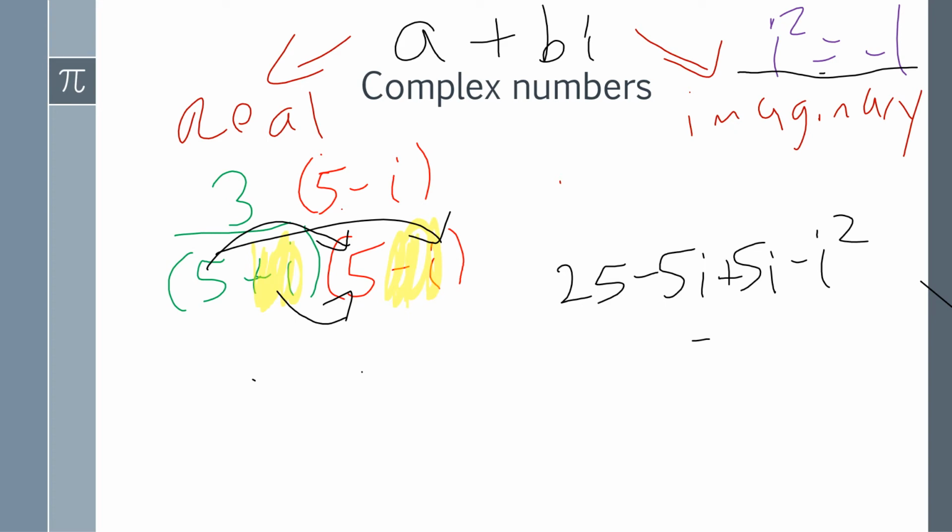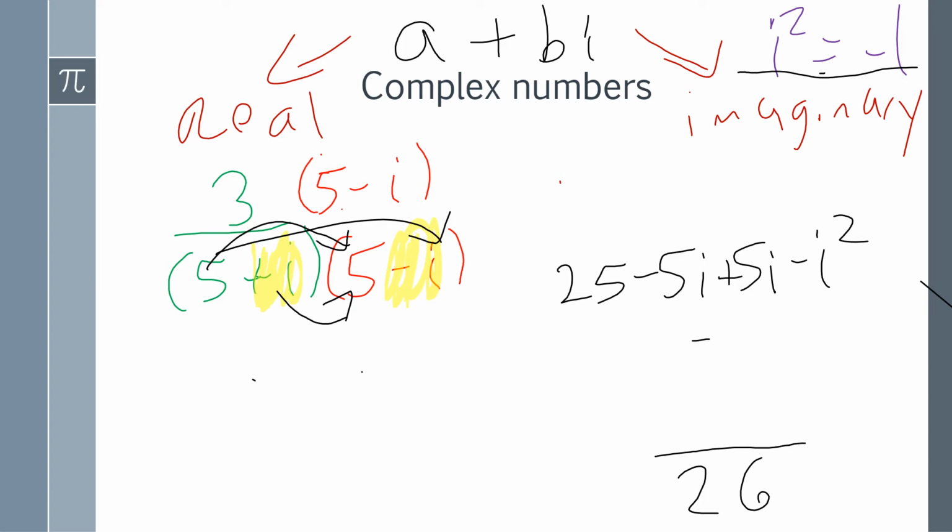Well, i squared is -1, but because you deal with the -i squared, that becomes a positive. So that's just 25 plus 1, which is 26, in your denominator.